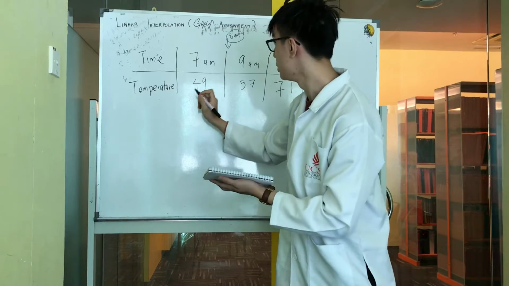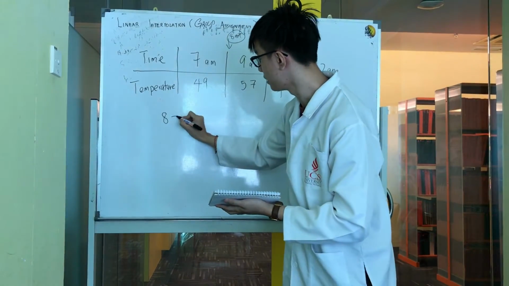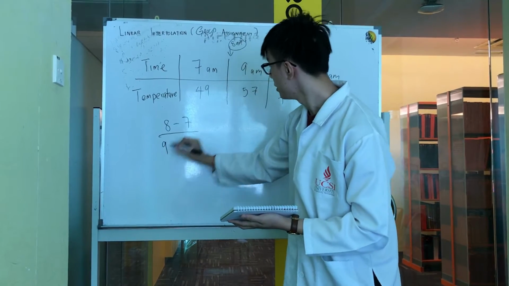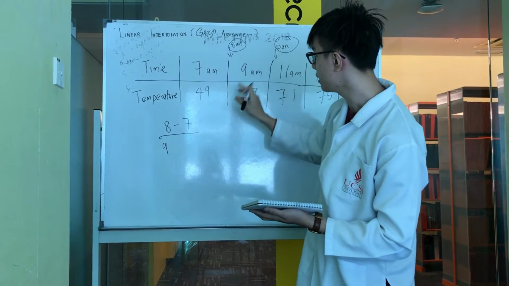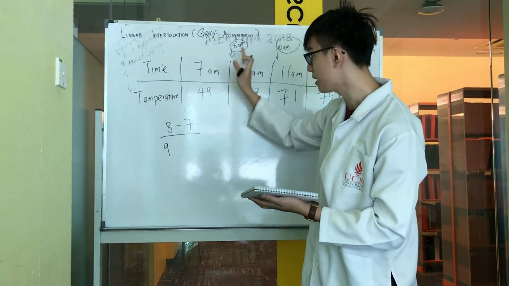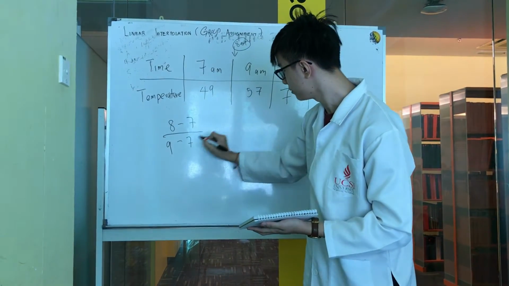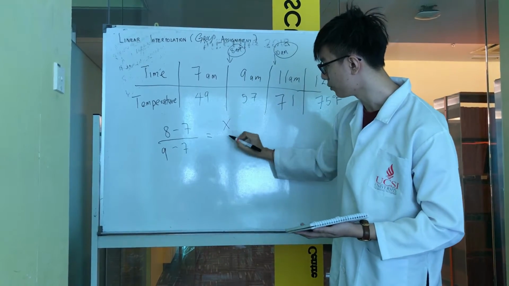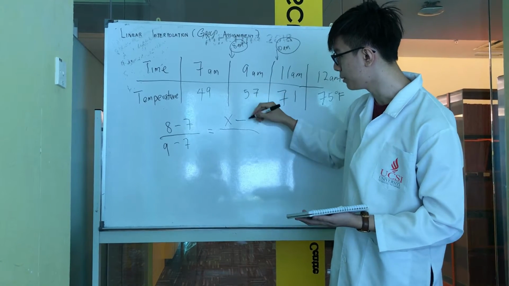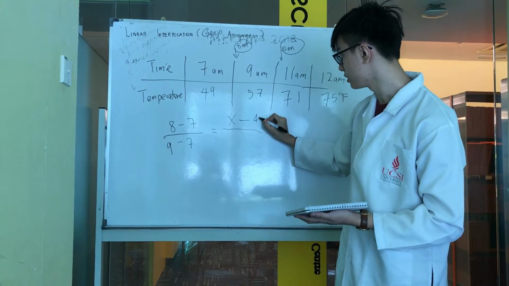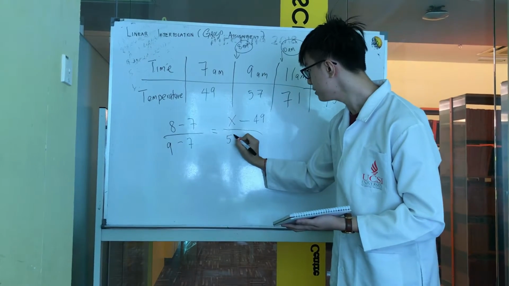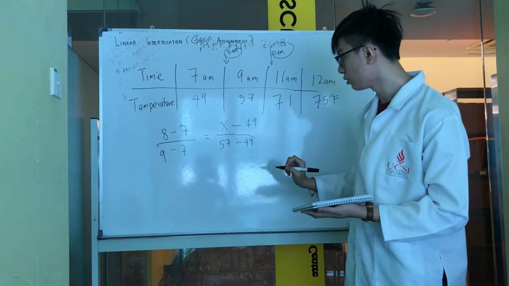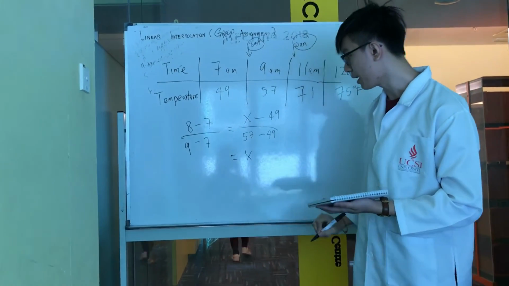normal interpolation, which is 8 minus 7, divided by, because 8 is lying in the middle of 9 and 7, so we use normal interpolation. So this is what we want to find, which I label as x. So this is 49, 57 minus 49. Now it's just normal math.